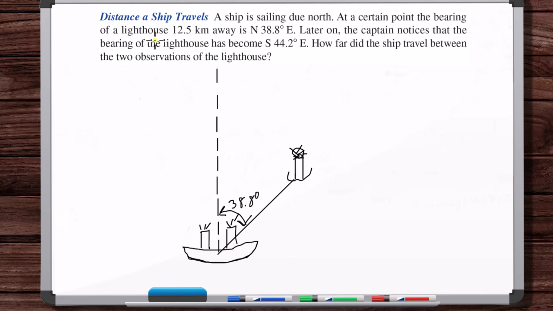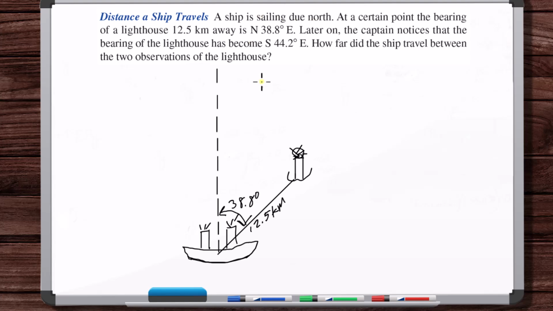But also at that point, the lighthouse is 12.5 kilometers away. Later on, the captain notices that the bearing of the lighthouse has become south 44.2 degrees east. This is later on, so we're going to be above the lighthouse, because we start with the south line. Now the ship is sailing north, so it's going to be on this north line.